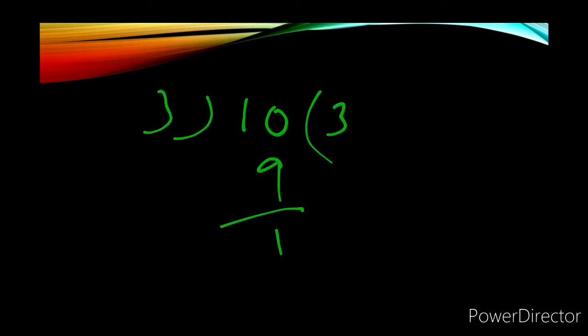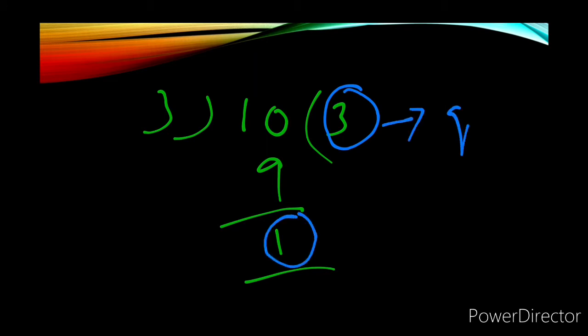For example, if I divide 10 by 3, what do we get? 3 3s are 9, remainder 1. We get two more numbers, 3 and 1. So 3 is said to be the quotient, and 1 is the remainder.